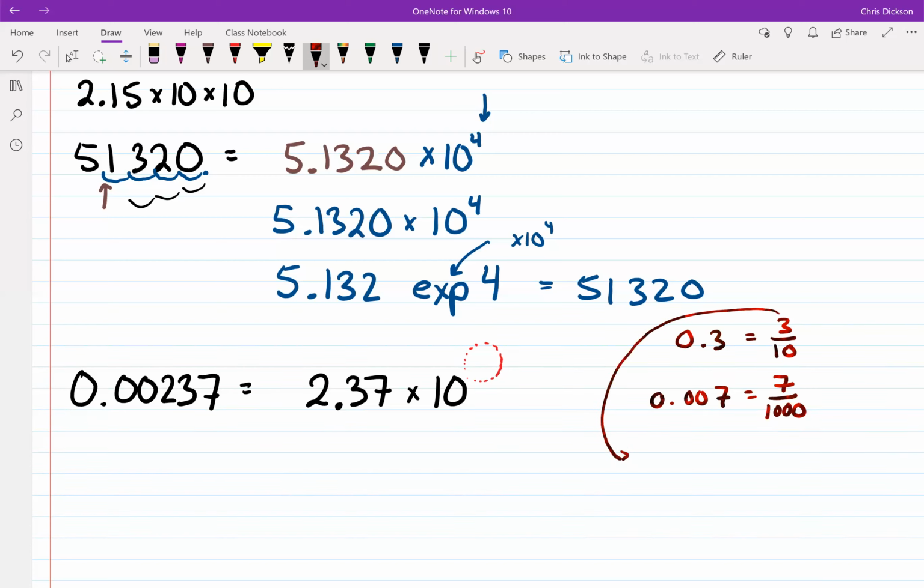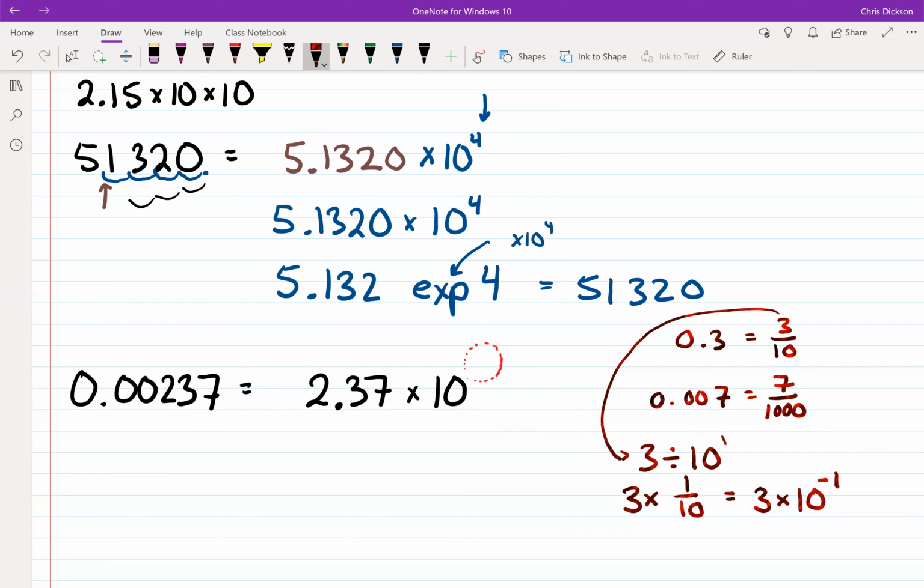Let's just take this. 3 over 10 is really 3 divided by 10, right? And when you think of that, that's just 10 to the first power, of course. So this would really be 3 multiplied by the reciprocal of 10, which is 1 over 10. And that actually is 3 multiplied by 10 to the negative 1.